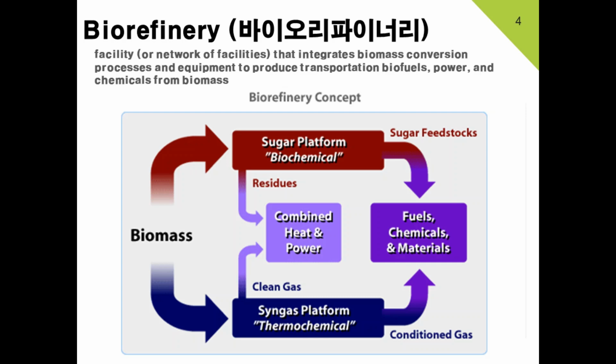On the other hand, thermochemical biorefineries transform biomass into synthesis gas or syngas, which is mostly composed of hydrogen and carbon dioxide. Now, this syngas can be used as a pyrolysis oil.